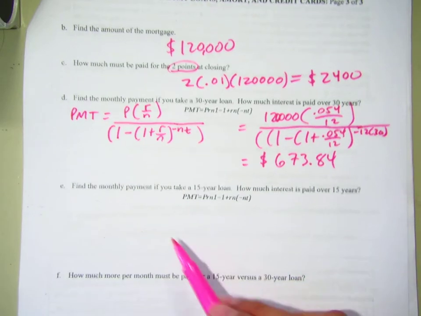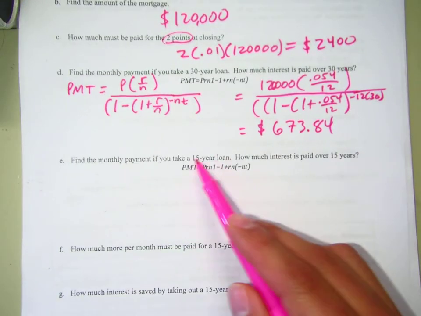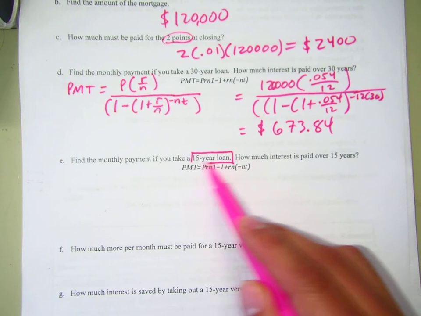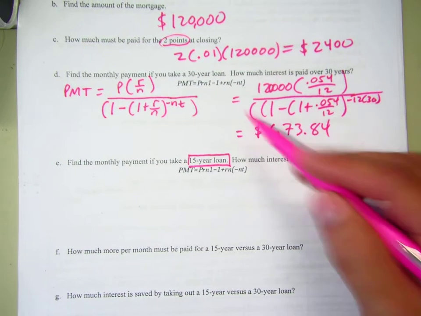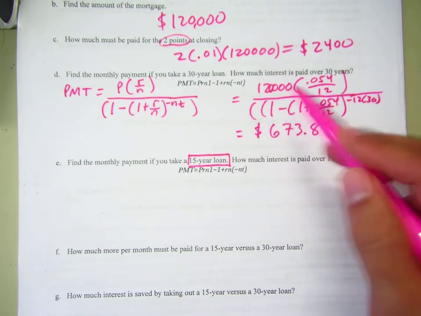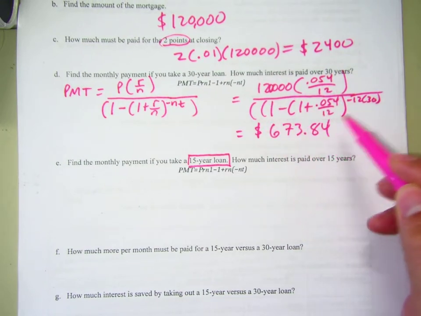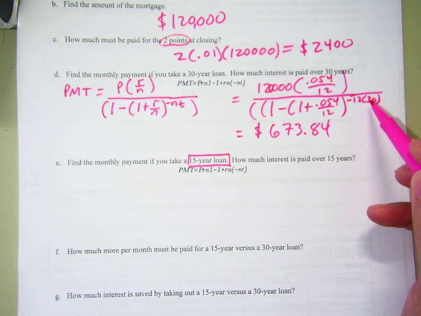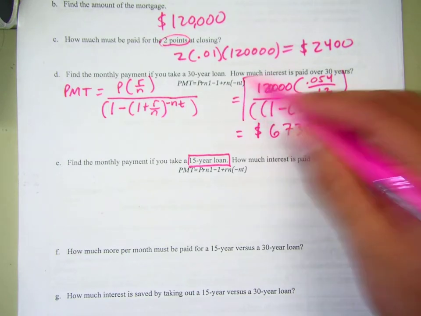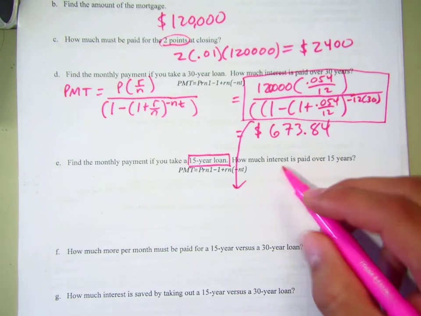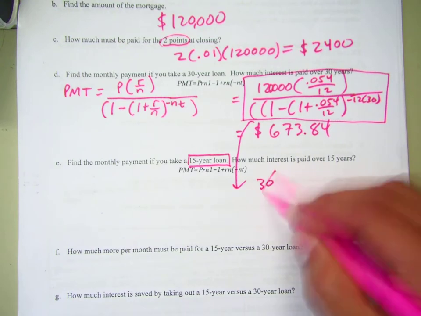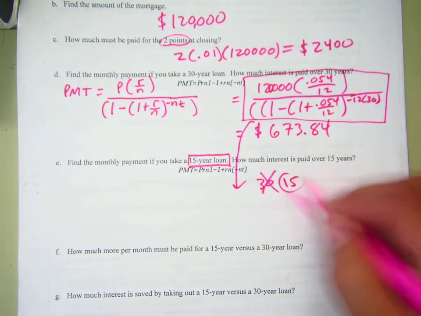Repeat the calculation now, and just change it so that instead of 30 years, we do this for a 15-year loan. So the only thing that's going to change is what in this step? Yeah, instead of 30, it'll be 15. So this gets copied right down here. Same exact thing, but change 30 to 15.